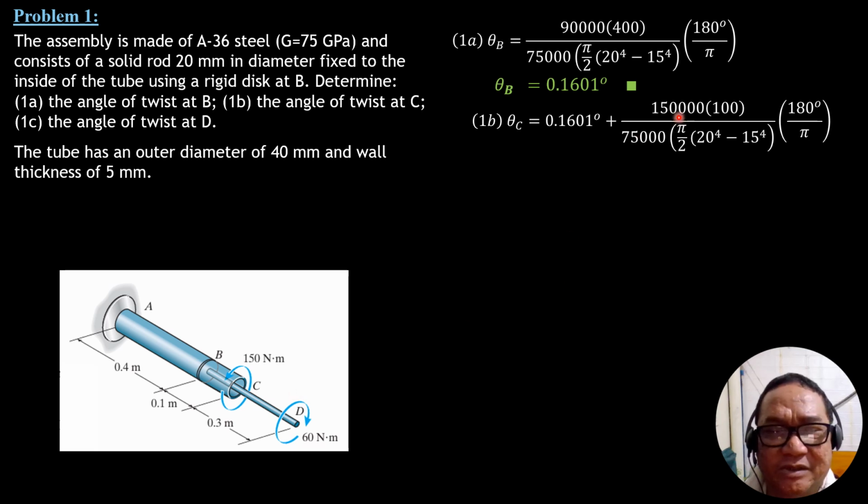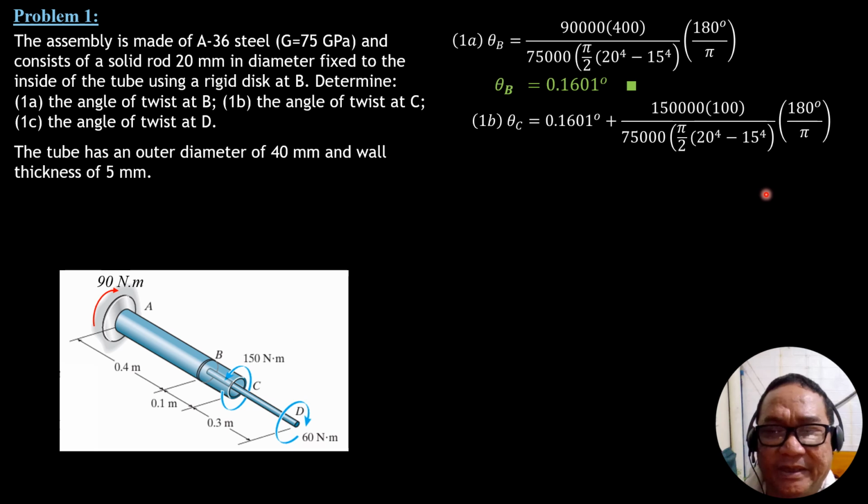So the torque is 150 Newton meter converted to Newton mm, 150,000 Newton mm. The length is 100 mm, 0.1 meter or 100 mm. Conversion factor divided by G. Then because this is again hollow, pi over 2 in outer radius to the fourth minus inner radius to the fourth.